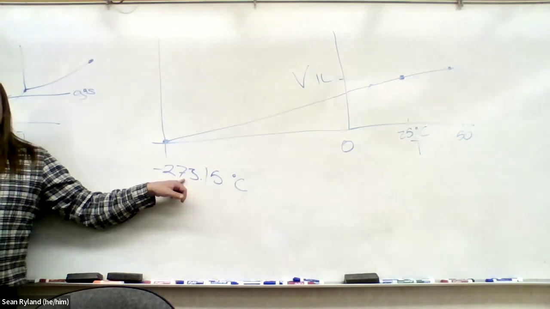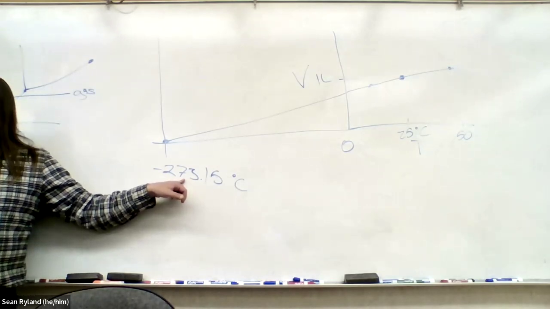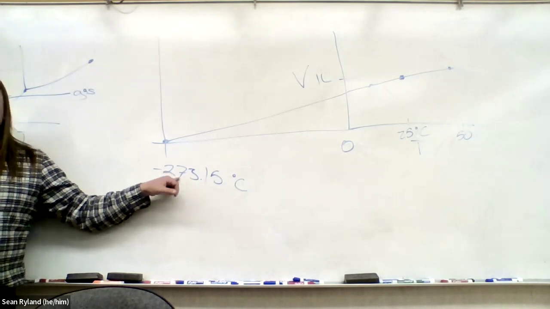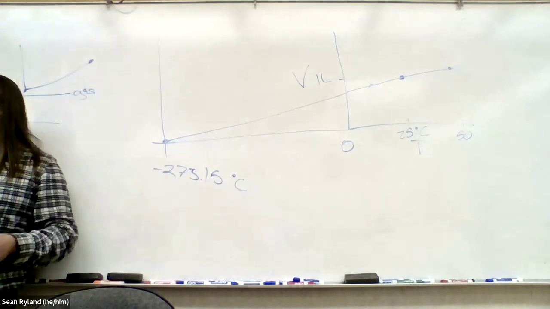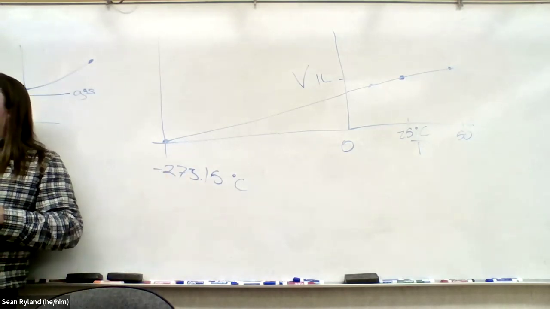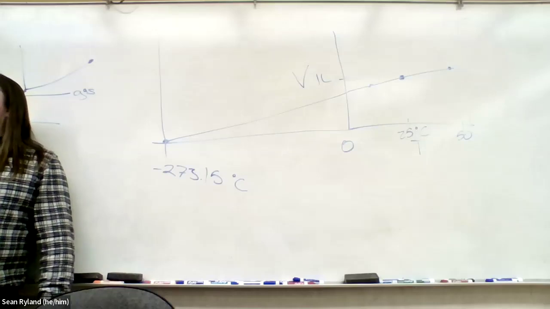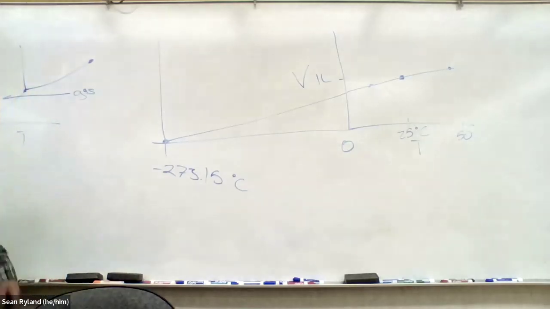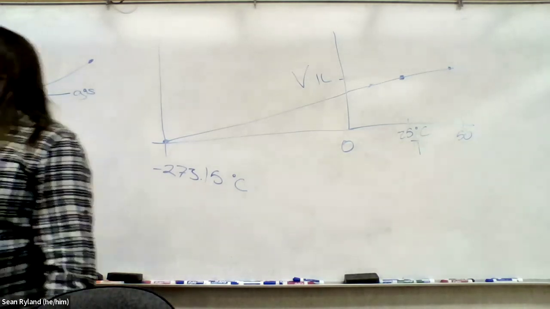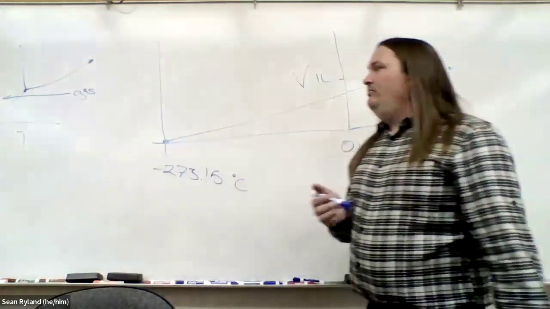So even hydrogen will still condense and turn into a liquid before it gets all the way to 0 volume. This is if we're keeping it at a constant pressure, because we're still talking about our system where we've got that piston moving in and out. If we have 2 variables changing at the same time, it gets a little bit more complicated, but we're ignoring that for now.